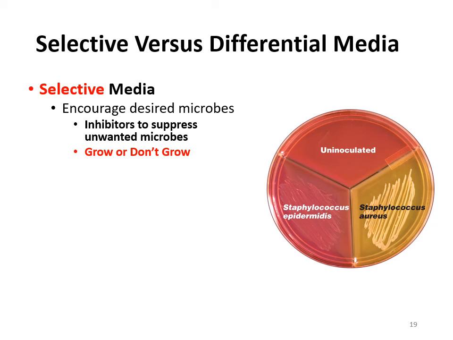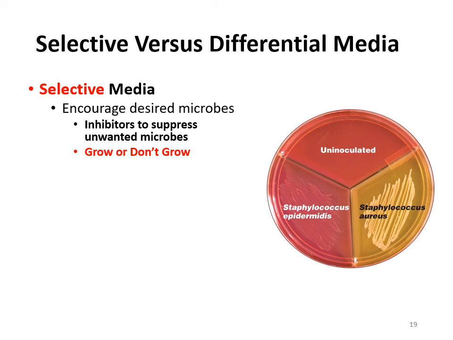The fact that it has salt in it is what makes it selective, okay? So if I ever ask you the selective aspect of an MSA plate, well, that's the salt, okay? Because as you know, only halophiles can grow in high salt.